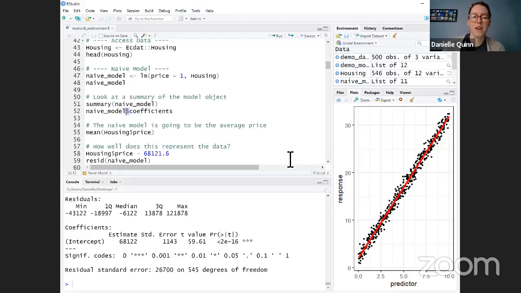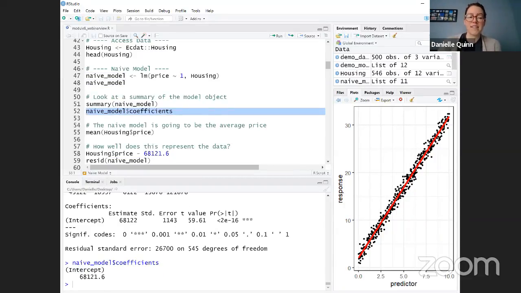Up until now, whenever we see a $ sign, we've thought about a data frame, right? So we'd say, oh, coefficients is a column in the naive model data frame, but that's not actually the case here. Coefficients is a component of the object called naive model. If naive model was a data frame, coefficients would be a column. But because naive model is a model, coefficients actually contains the coefficients from that model.